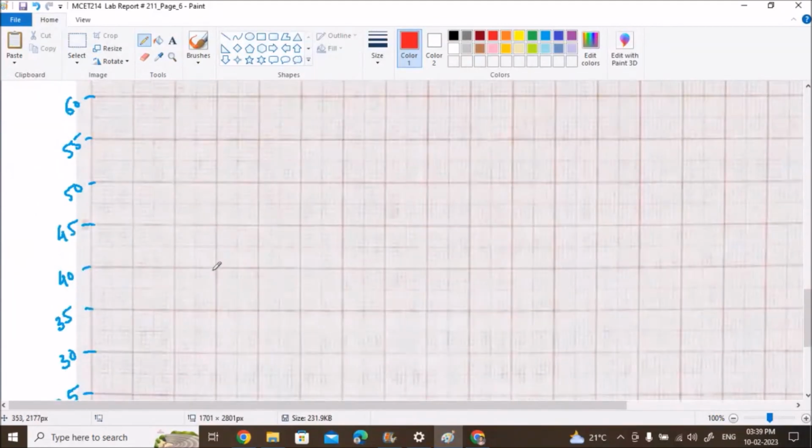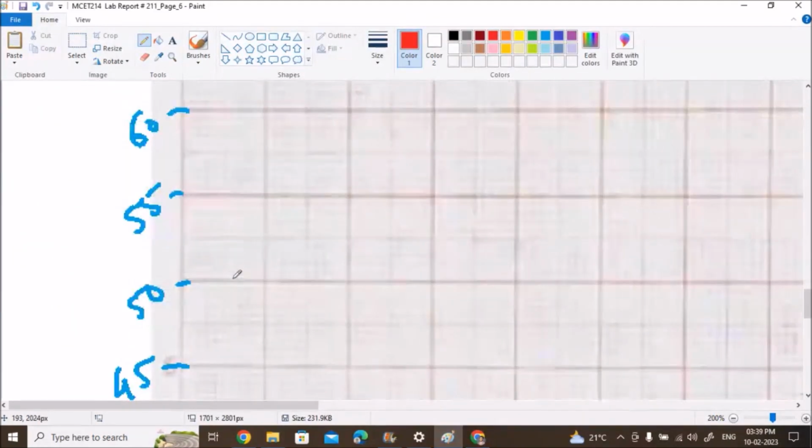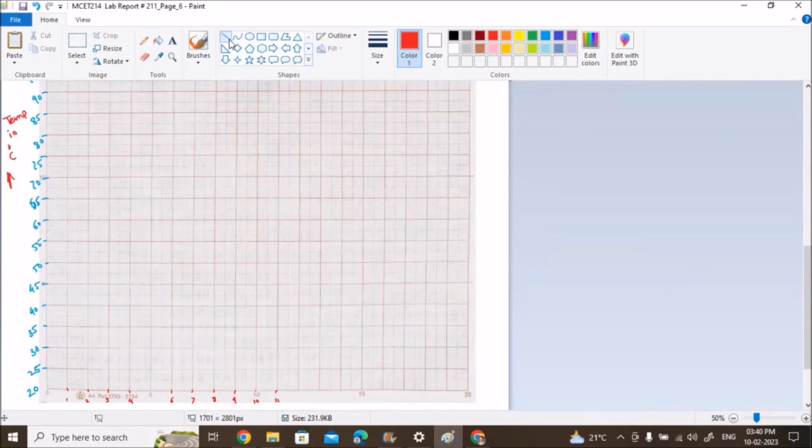Now let us start the lines. The first line will start from 0 as T1. So the first line will be at 0. So this is T1.